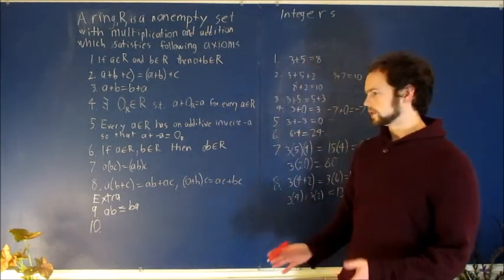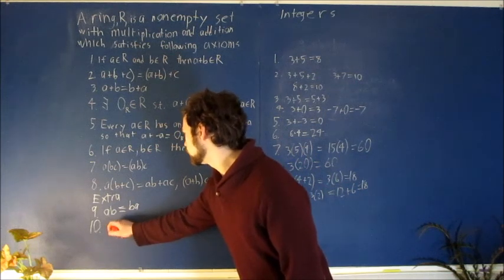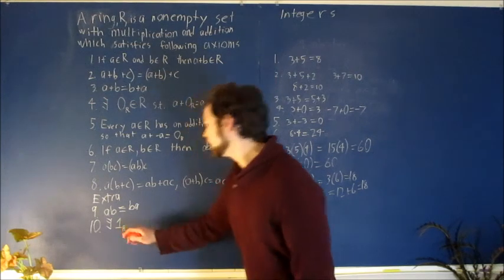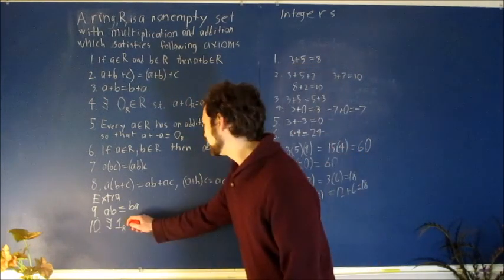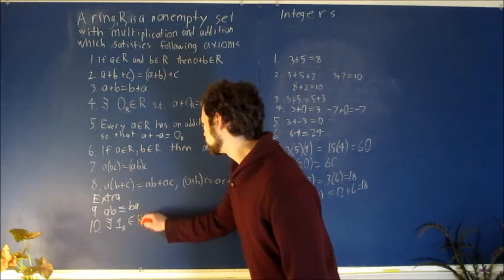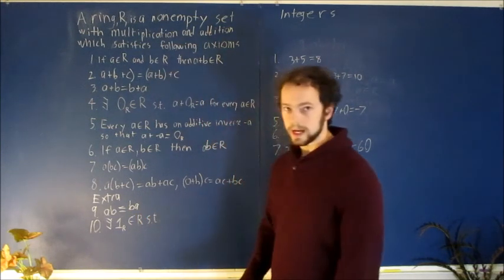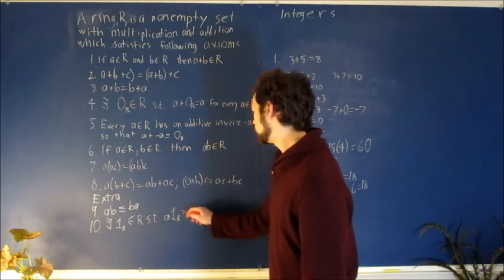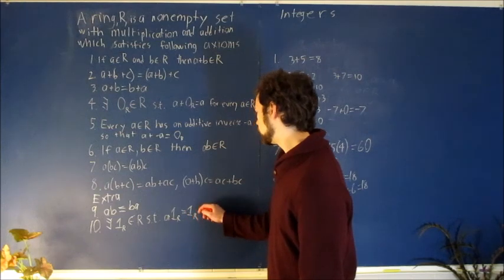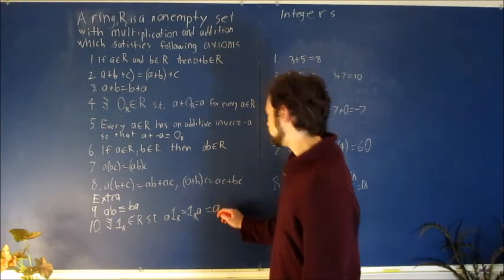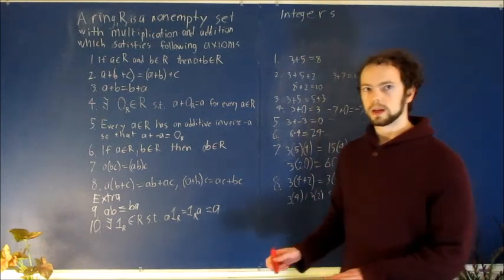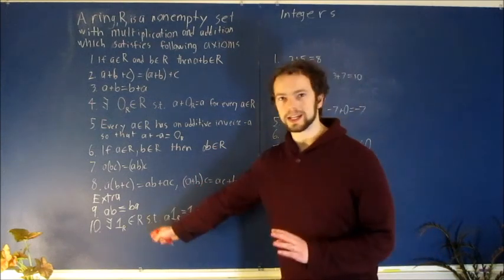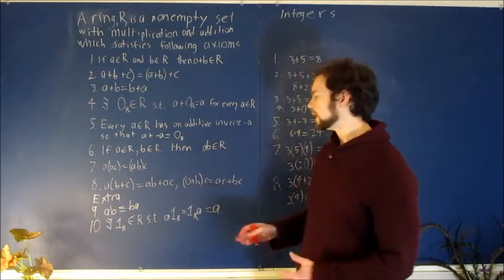This property would look something like this: there exists, we usually call it 1R, in the ring such that A times 1R equals 1R times A, which just equals A. In other words, this is the element which, if you multiply any other element by it, doesn't change it.